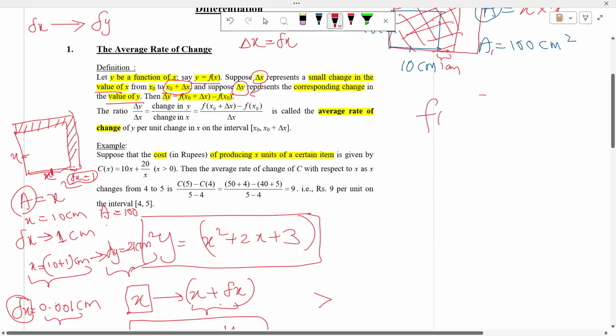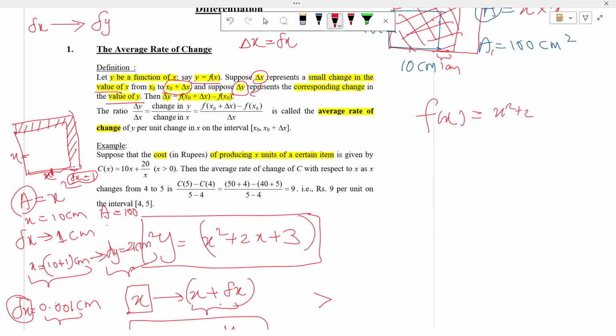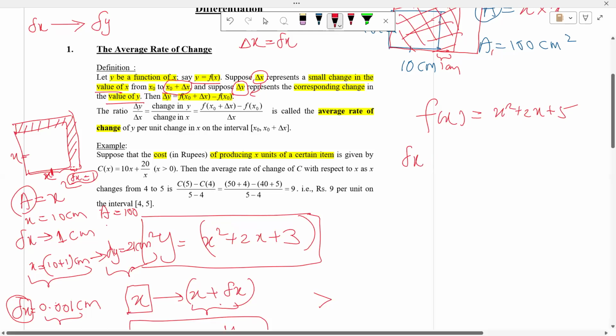So you have a function f of x, right? f of x is equal to something, maybe x squared plus 2x plus 5 or something. Now, if I increase x by delta x, what will happen?